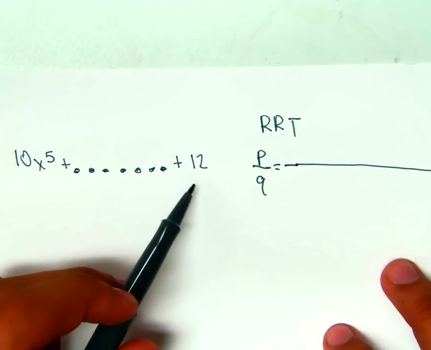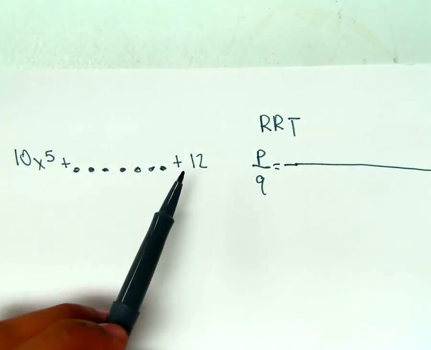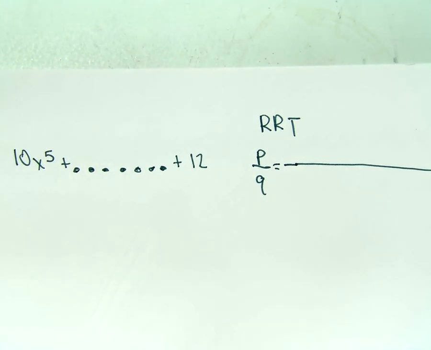So like you said, our P is 12. So starting from the bottom working up, is 1 a factor of 12? Yes.